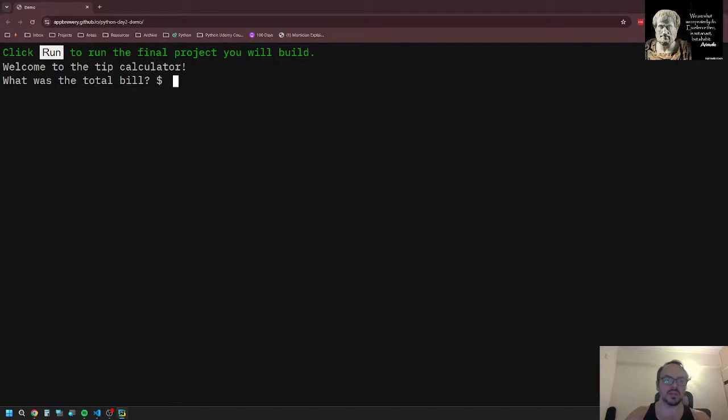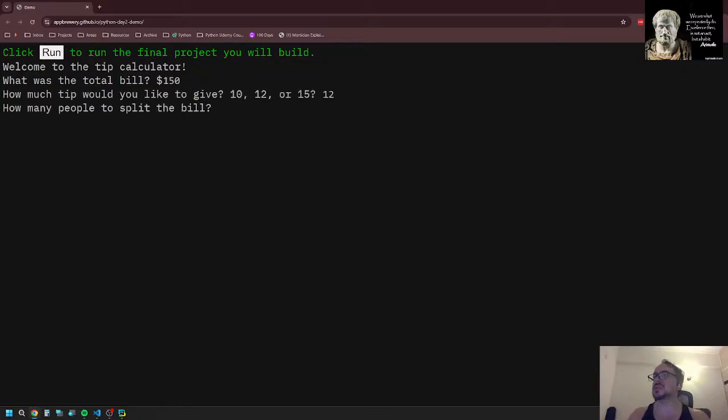In the examples, they say if the bill was split... Okay, if the bill was 150, so I'm going to use that, and we gave 12% tip, split among 5 people, we should pay 33.6, right?